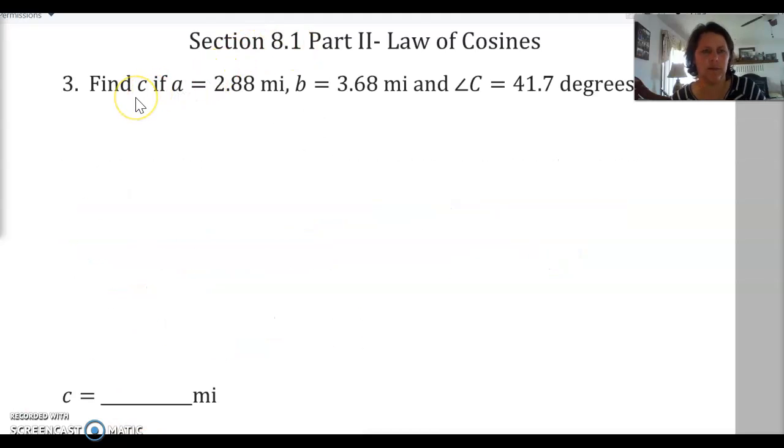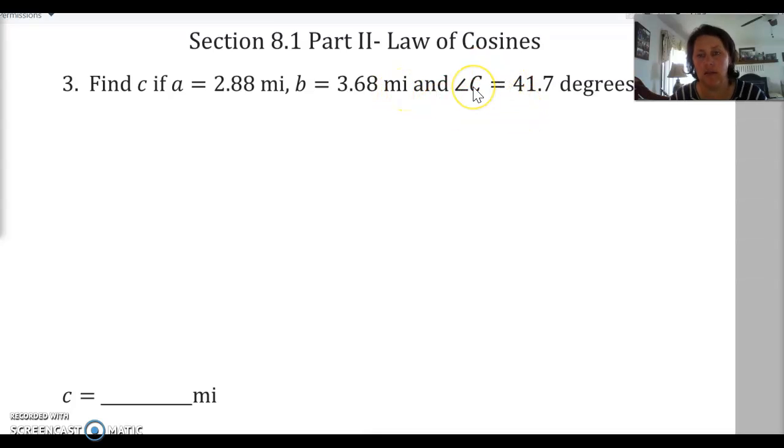All right, example number 3. Find C if A equals 2.88 miles, B equals 3.68 miles, and the angle of C equals 41.7 degrees. So again, we're given two sides and an angle.